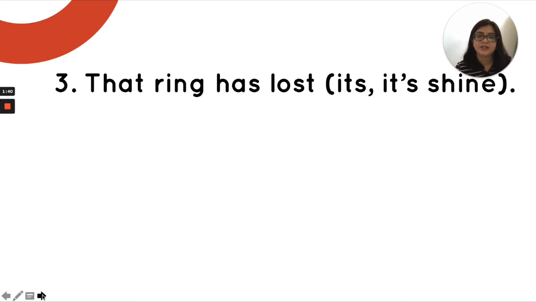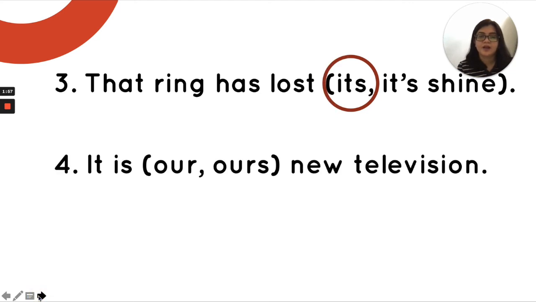That ring has lost its or it's shine. Okay, so the possessive pronoun its doesn't have an apostrophe, so it's the first one. Remember that, okay? Number 4. It is our or ours new television?